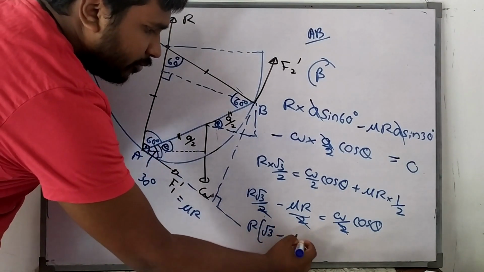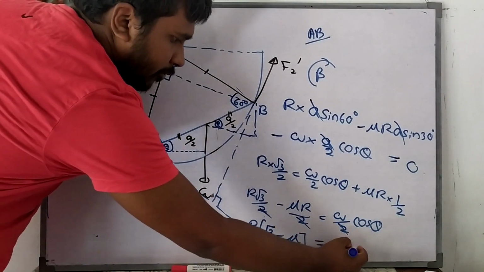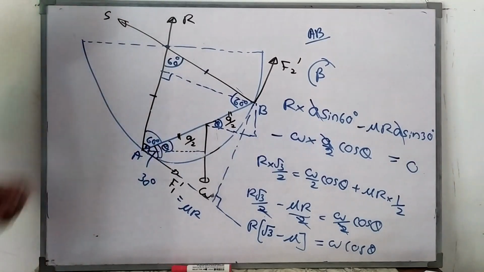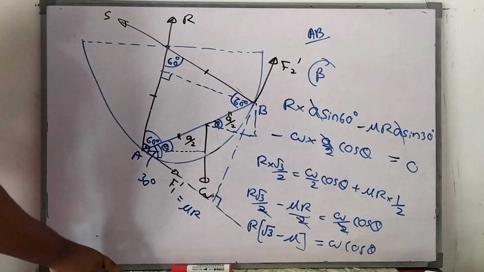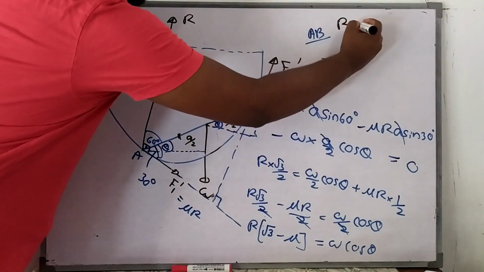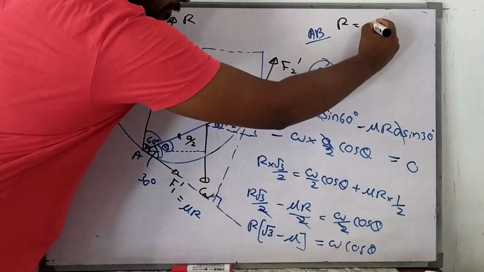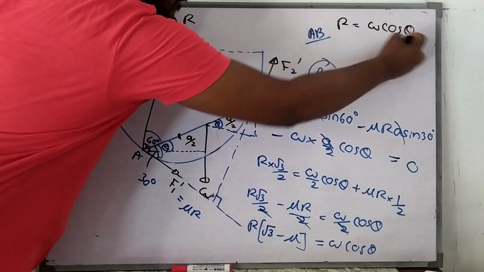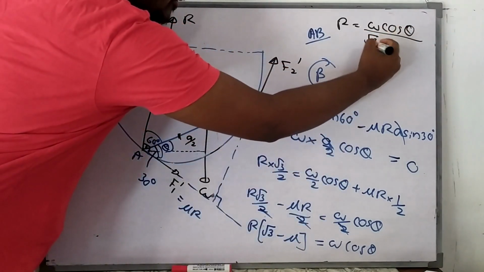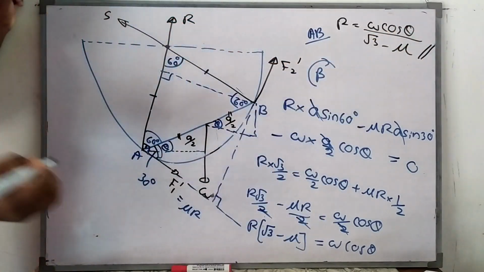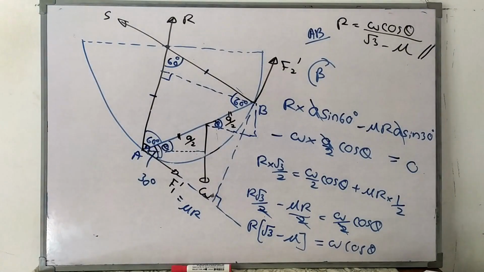Root 3 minus mu equals W cos theta. Then R equals W cos theta over root 3 minus mu. So that is what we got as R.